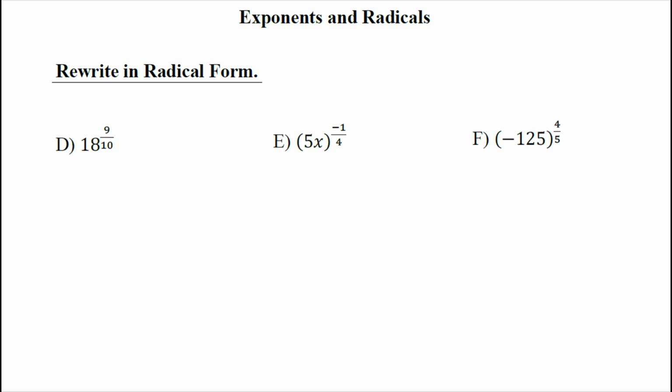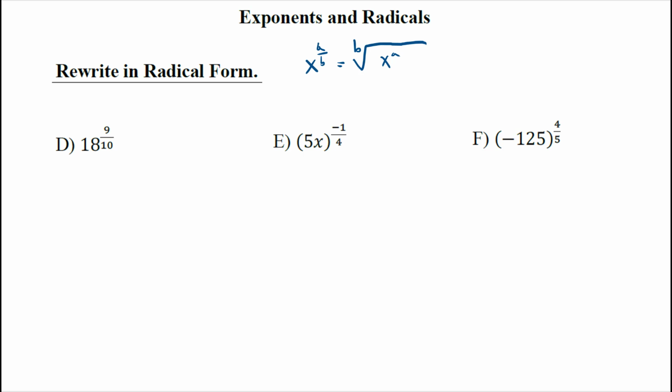So now let's look at our exponentials and put them into radical form. Doing the same process, if you think about x raised to a over b, that puts you into the setup of the b root of x to the a power.